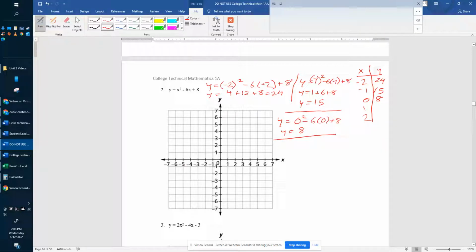Okay, let's look at x equals 1. All right, y equals 1 squared is 1. Minus 6 times 1 is minus 6 plus 8. -6 plus 8 is 2. 2 plus 1 is y equals 3. Oh, finally one that's actually on our graph.